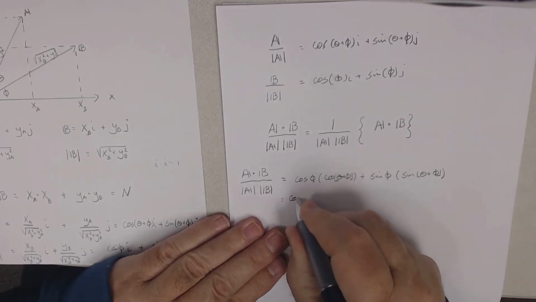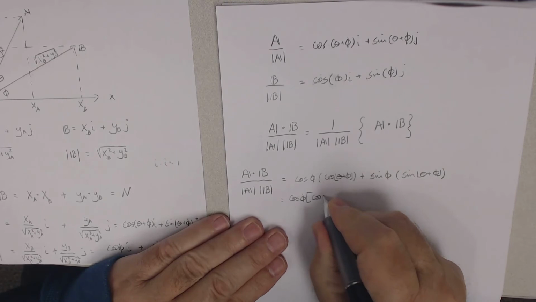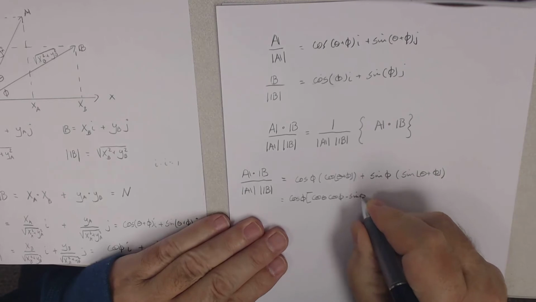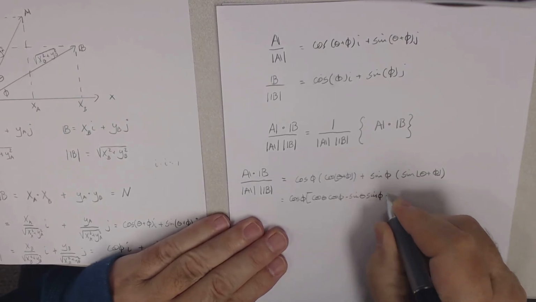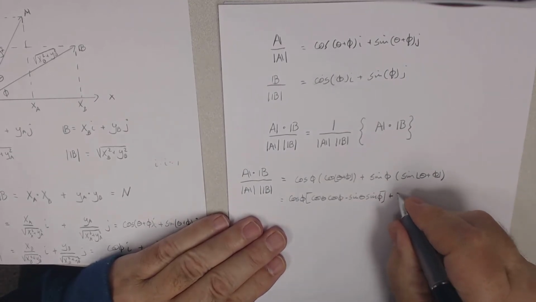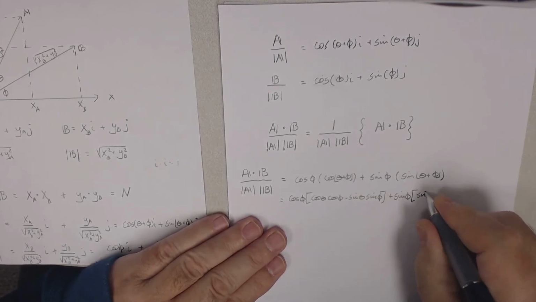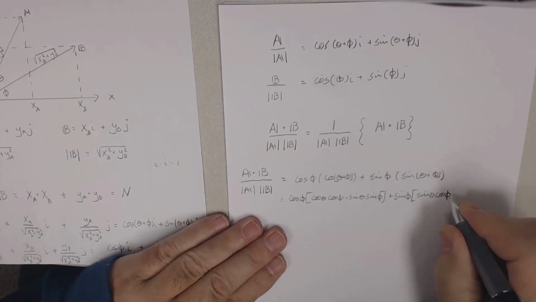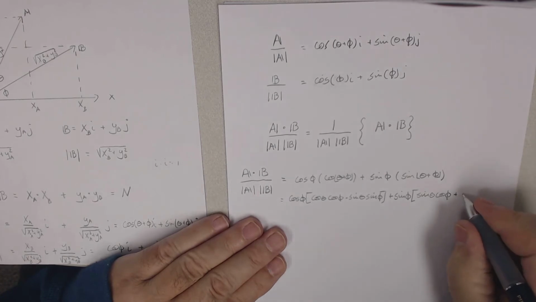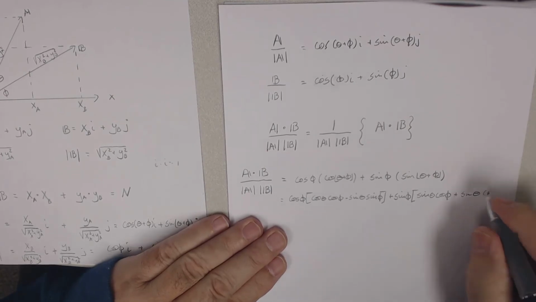Okay, cosine phi times cos theta cos phi minus sine theta sine phi, plus sine phi times sine theta cos phi, plus sine theta sine phi cos theta.